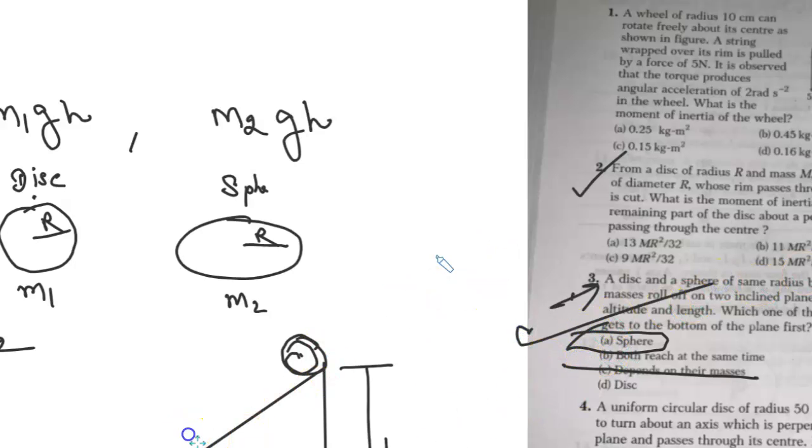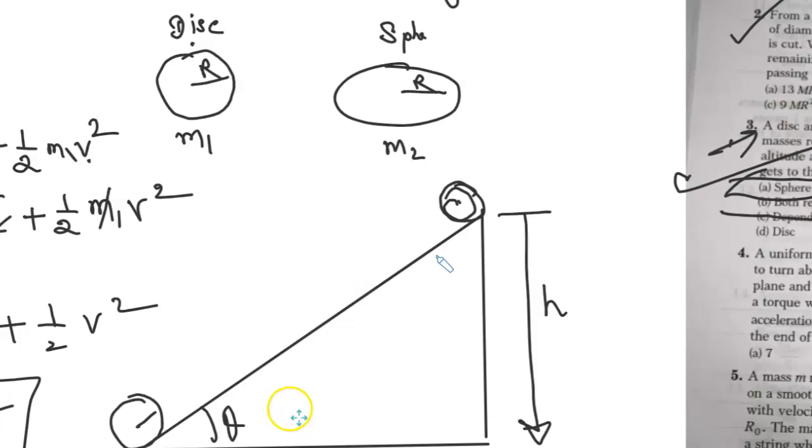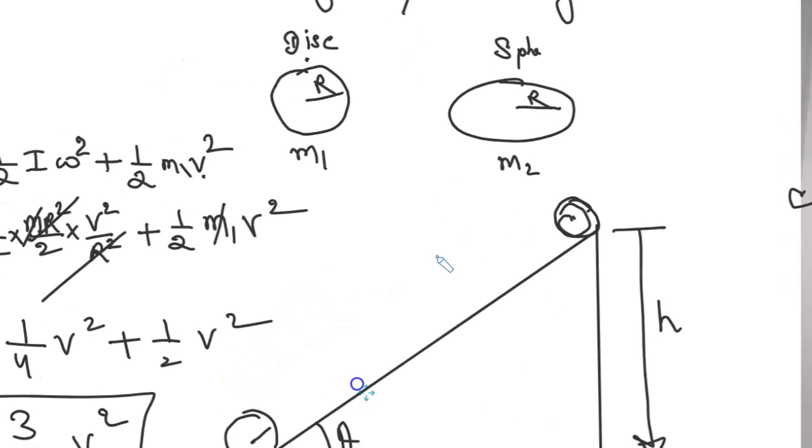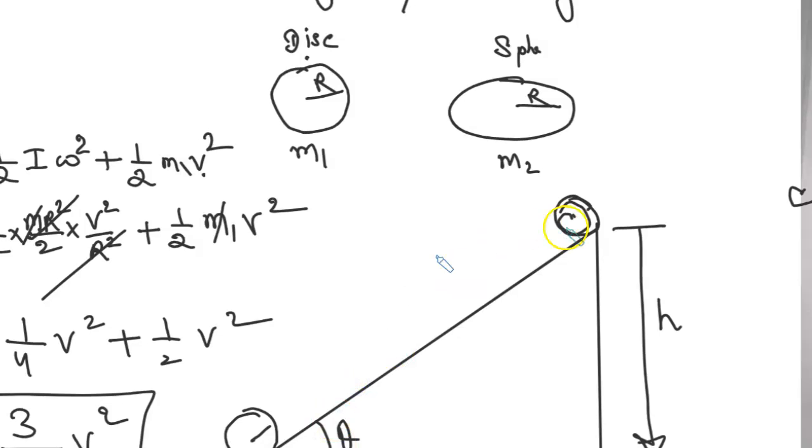So basically, when you have this rolling motion, you need to take linear kinetic energy plus angular kinetic energy. See how it will roll down. It is moving this way and rolling simultaneously.